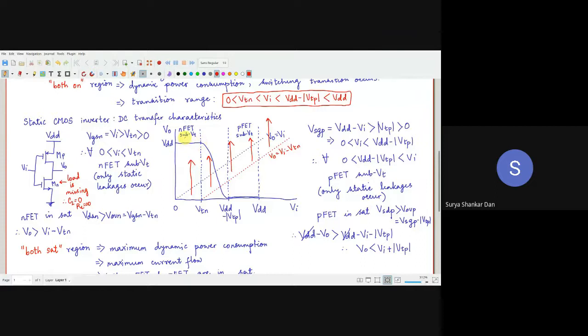So if somebody says it is cut off, meaning there is no current, this is wrong. The current is actually saturated. So if you are looking for low power but the best saturation device or circuit, you should actually do it in subthreshold design. So subthreshold is also actually saturation, and this entire part above this point means your NFET is in saturation.